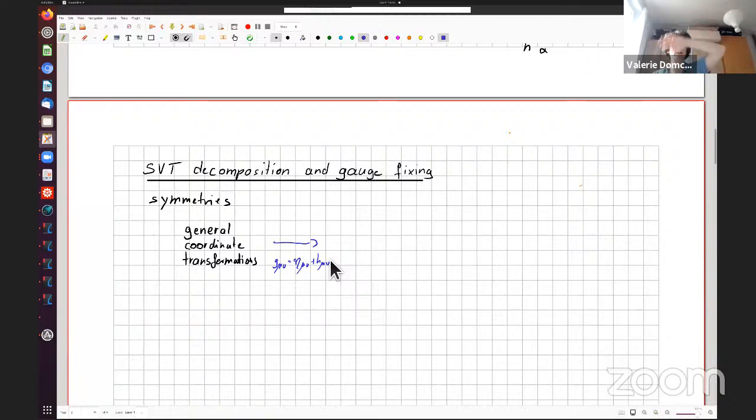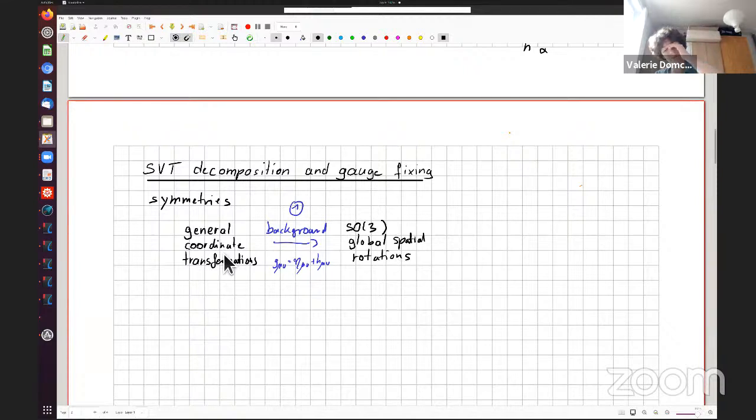Hence you no longer have the full symmetry, but due to this first step, associated to the background, you only have remaining the SO(3) symmetry of global spatial rotations. This is precisely where we lose the bigger symmetry of GR: because we do this linearization process.